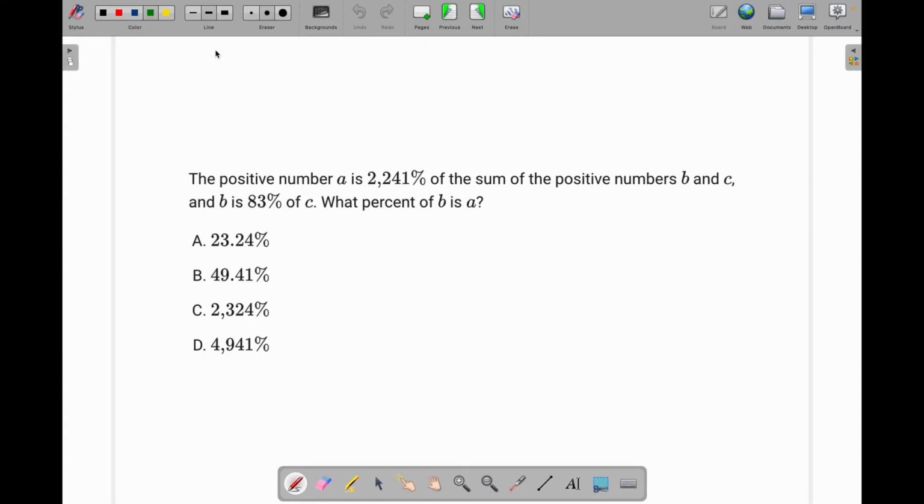All right, now we're going to have this problem. Pause to read this, and then I'll go over it.